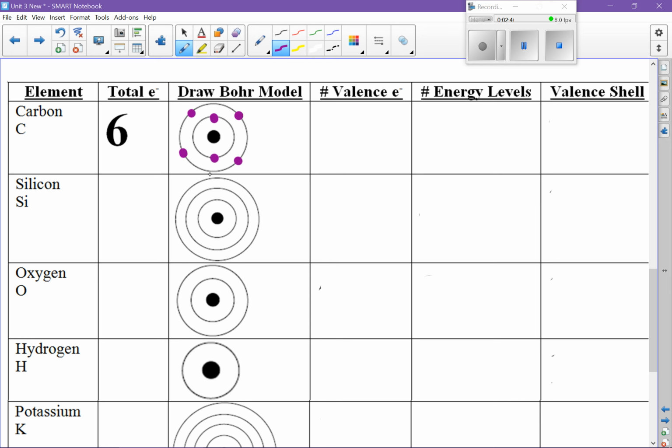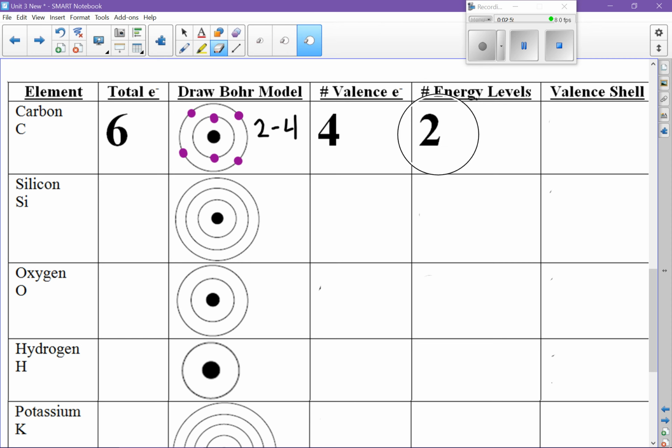So altogether, there are 6 electrons, 2 on the first energy level, 4 on the second. So the number of valence electrons are those 4 outside ones. There are 2 total energy levels in here, and the valence shell, is it energy level number 1 or energy level number 2? The second one is on the outside.